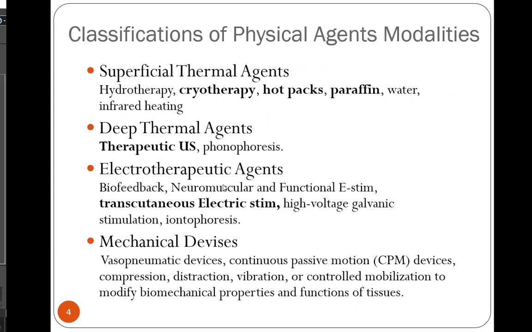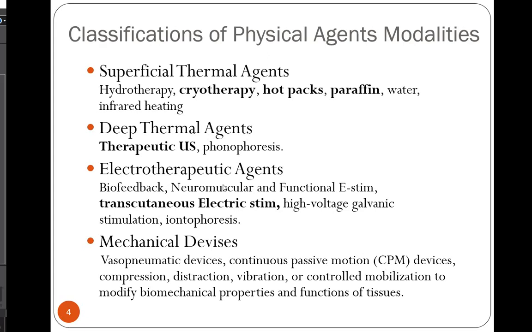So, classification of PAMs: it falls into one of the following four categories. Superficial thermal agents, those are heating or cooling modalities, then deep thermal agents, then electrotherapeutic agents, and then mechanical devices.